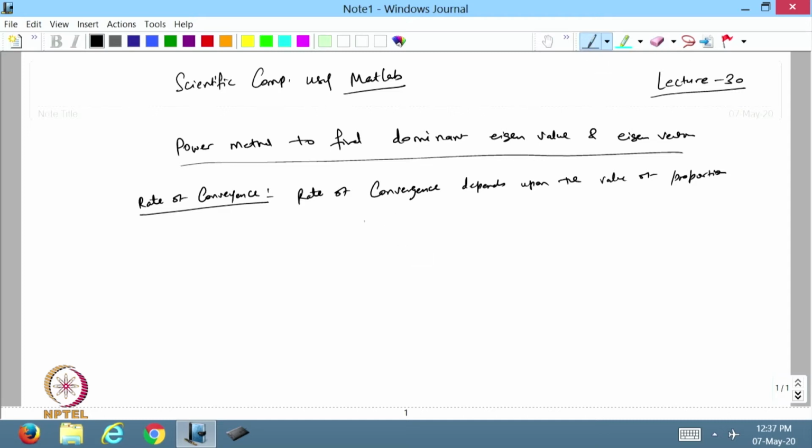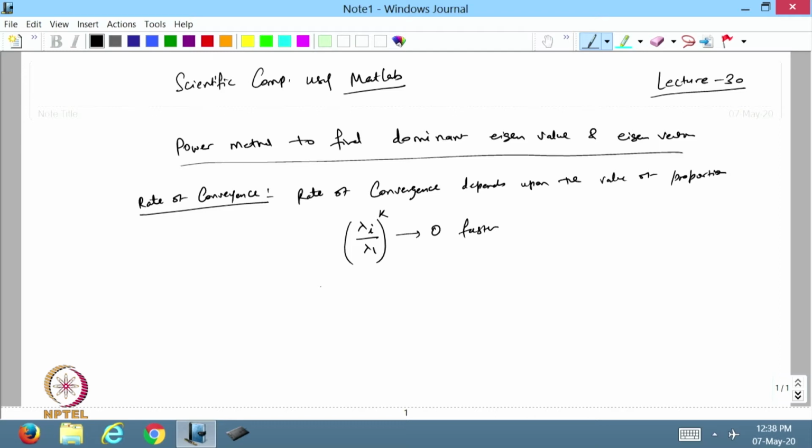So, it depends upon what is lambda i's by lambda 1, because if this value is smaller, then the factor, the power k, will be much smaller. So, then it will converge to 0 faster.